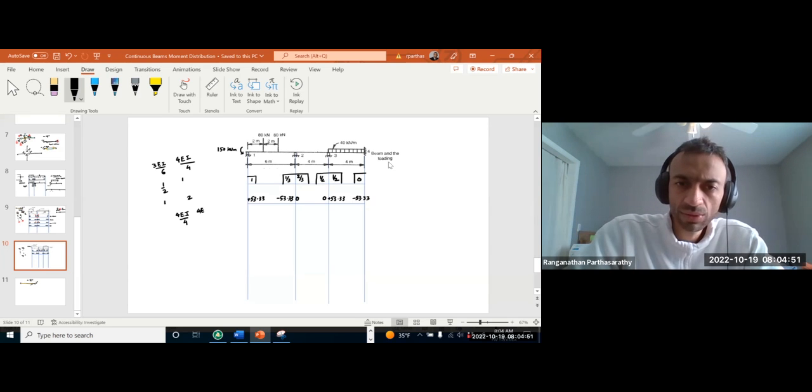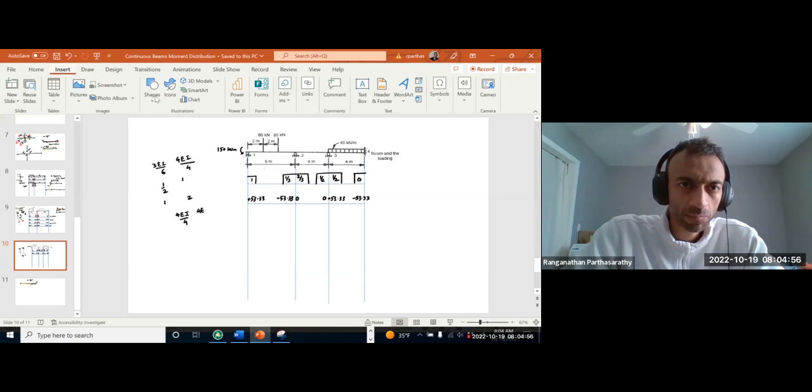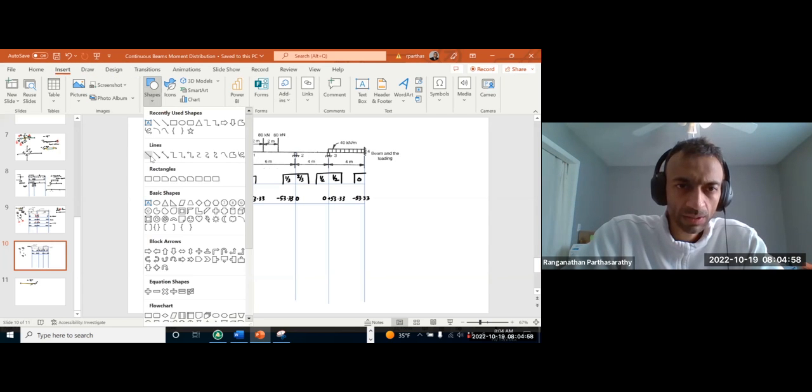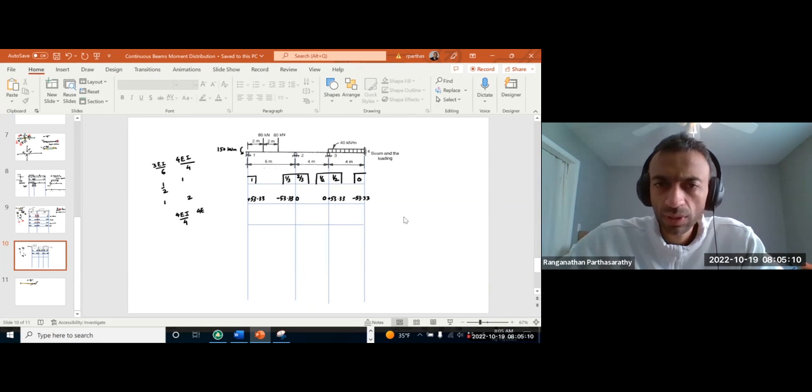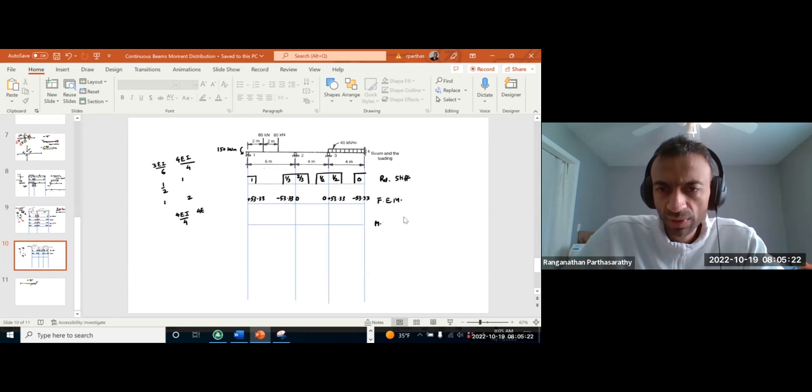Now we will do distribution and balancing. This is relative stiffness. This is fixed end moment. Now we will do one distribution and carry over.